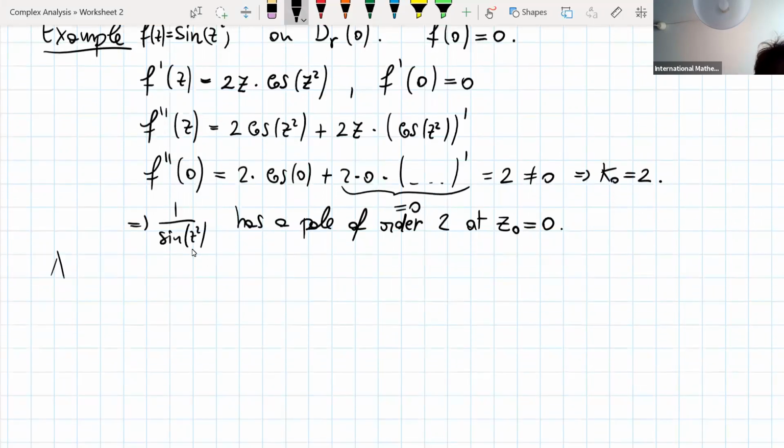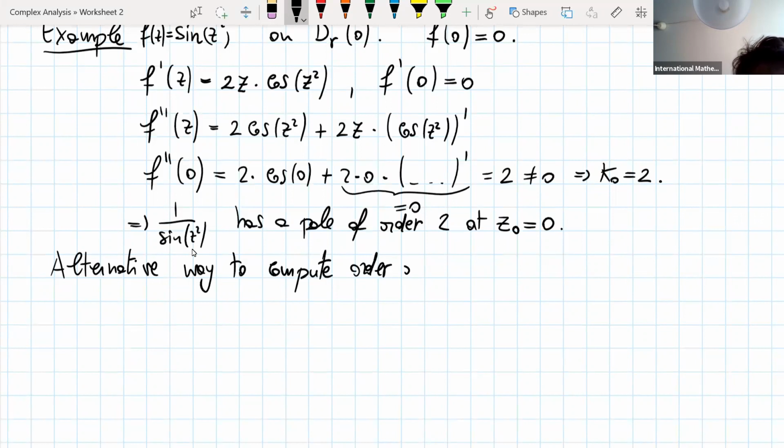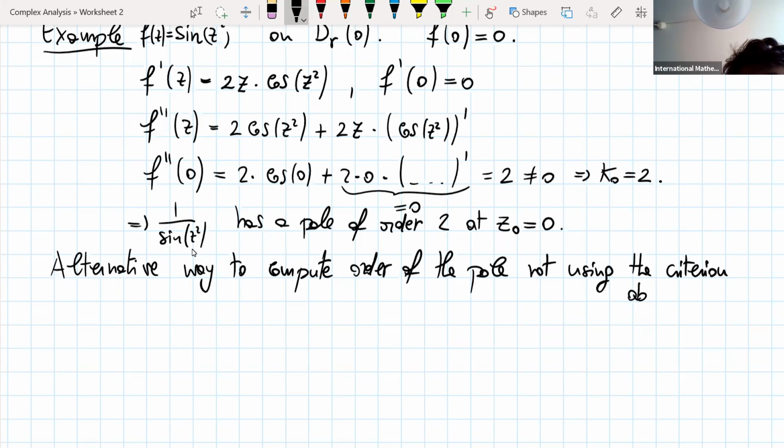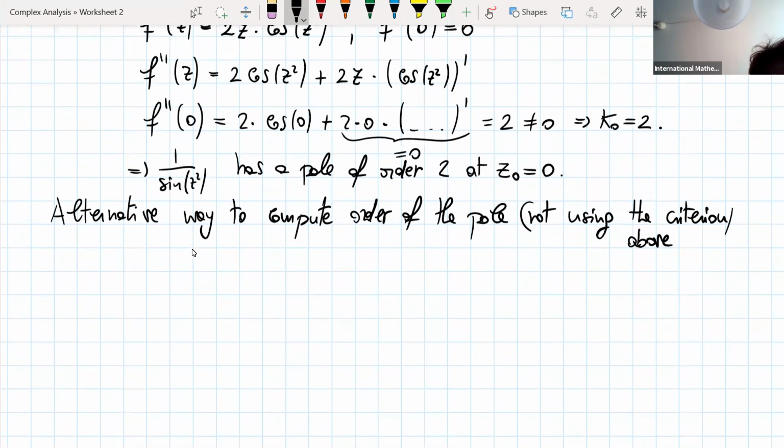So, an alternative way to compute the order of the pole, not using the criterion above, is simply writing the power series expansion of sine of z squared.